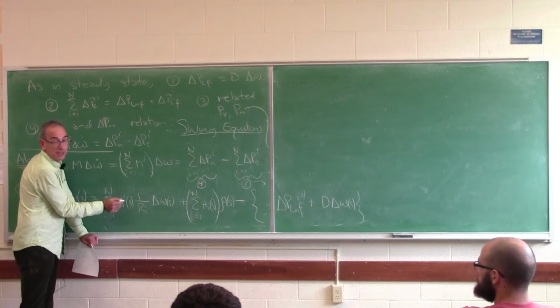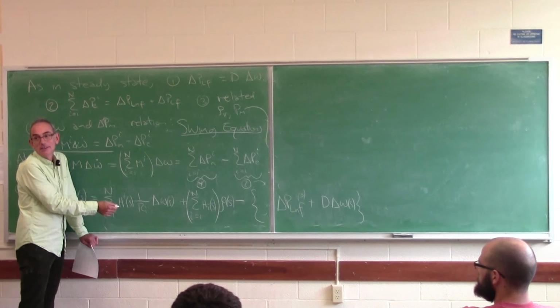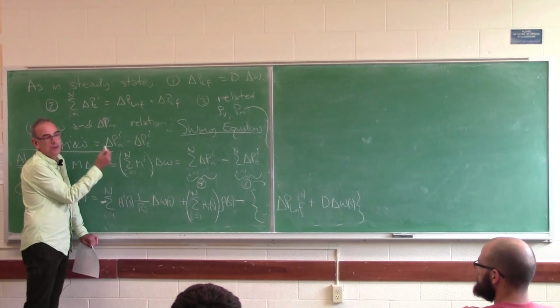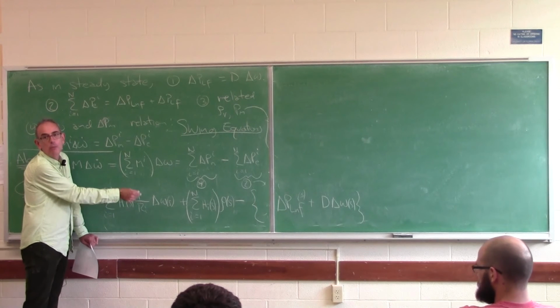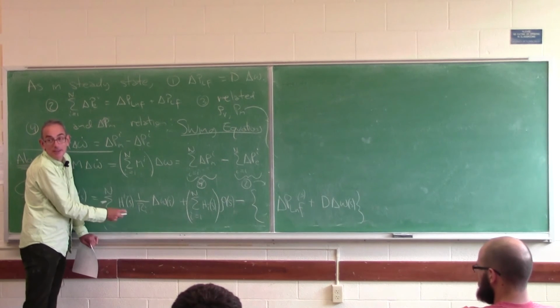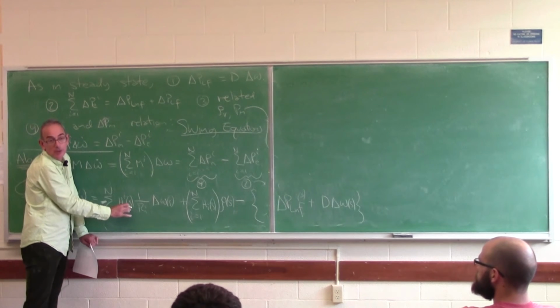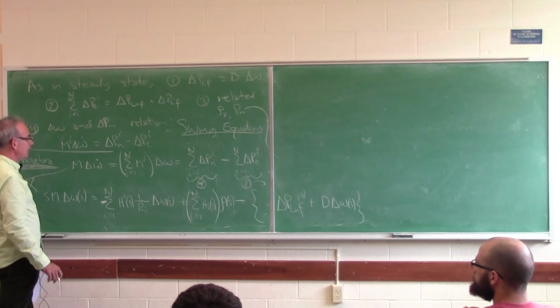If these were all just 1 over s plus 1, then you would have an N over s plus 1. If these were all the same, you would just be summing the 1 over R_i, and you just get one simple first or second order filter. So let's just make that approximation.